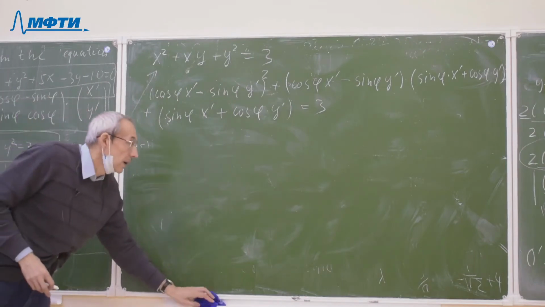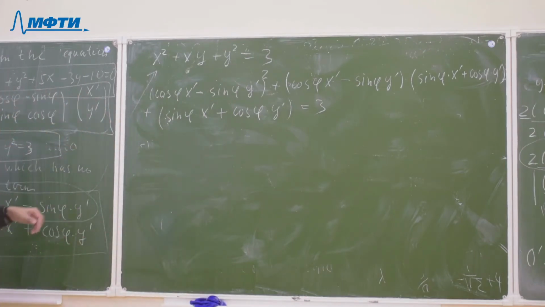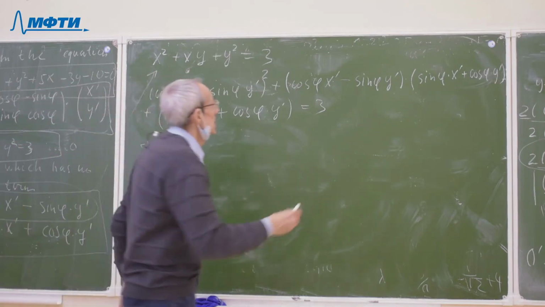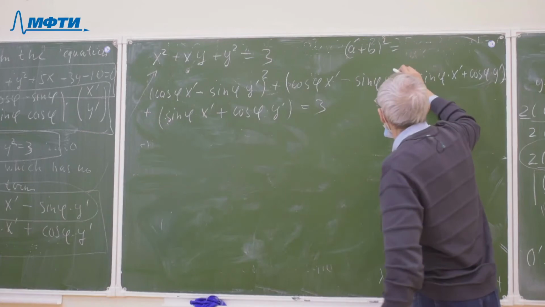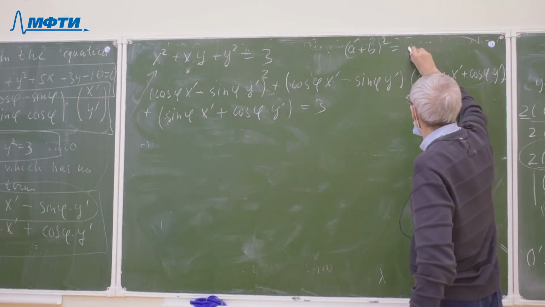We have enough easy calculation. We will use the formula for the square of the sum of the terms.